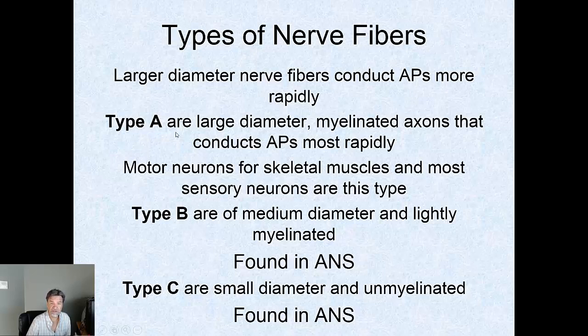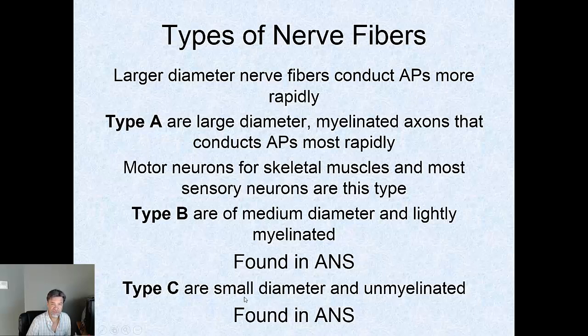So the type A's are going to conduct very important information, such as when we need to move our muscles. Information from our sensory neurons is going to be conducted very rapidly to keep us aware of what's going on in the outside world. The autonomic nervous system will employ the types B and C. For instance, type C may be the dull, aching, throbbing pain sensation that you get.